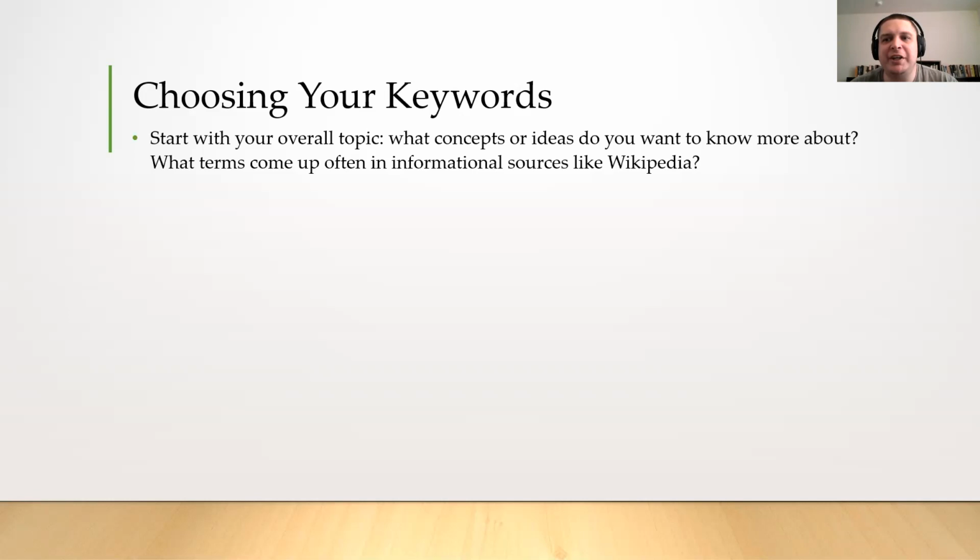This is where Wikipedia can be really helpful. Yes, I said that in an actual college lecture. When you pull up the Wikipedia page, you will find, at least for the well-maintained ones, different sections on maybe big issues or controversies. You might find names of particular theories or approaches.